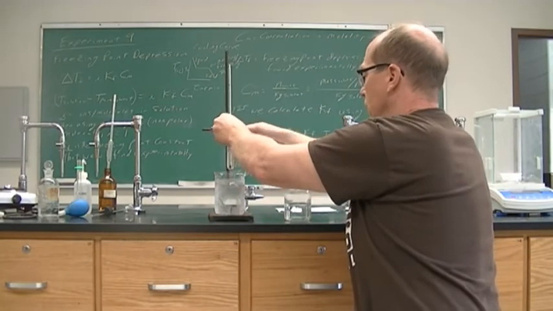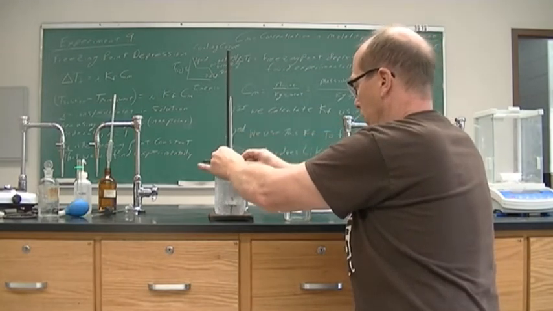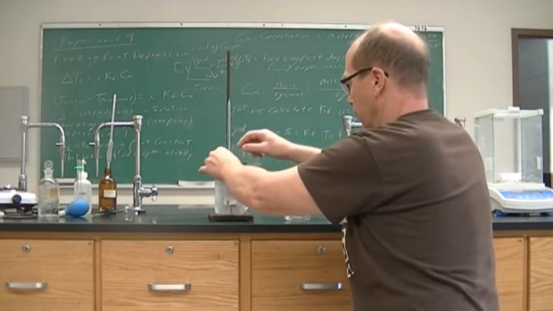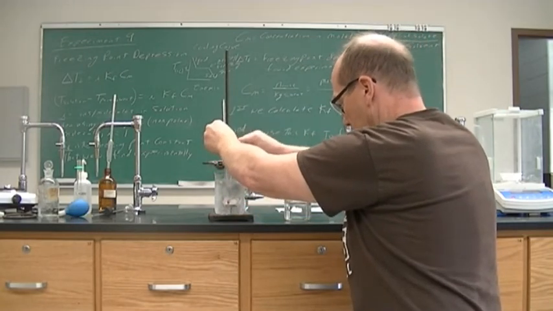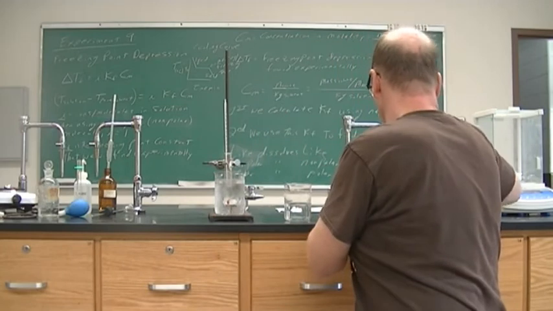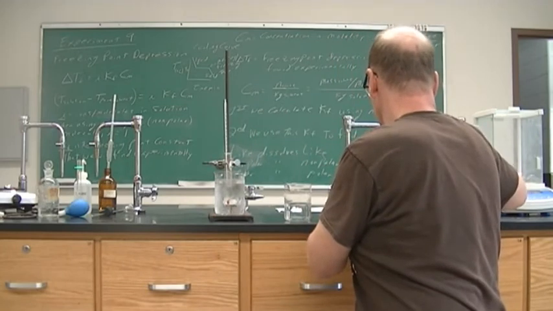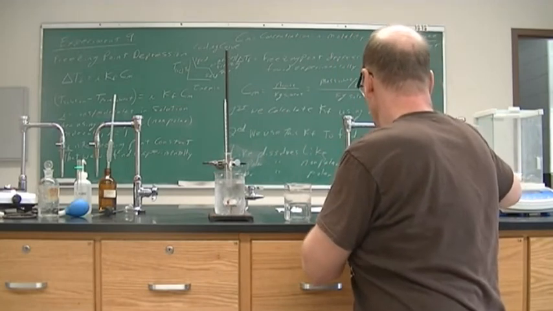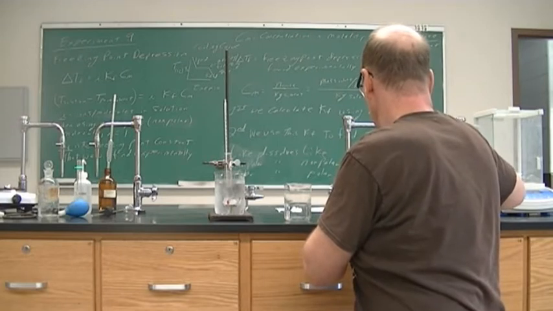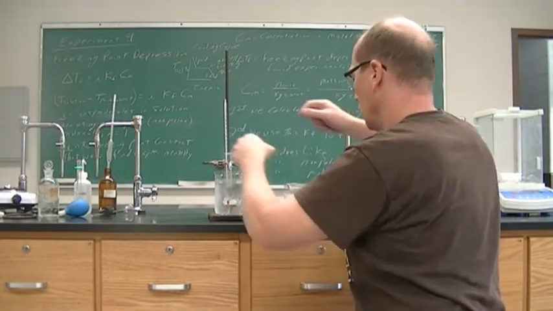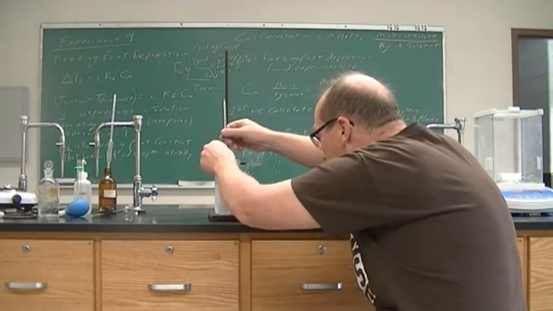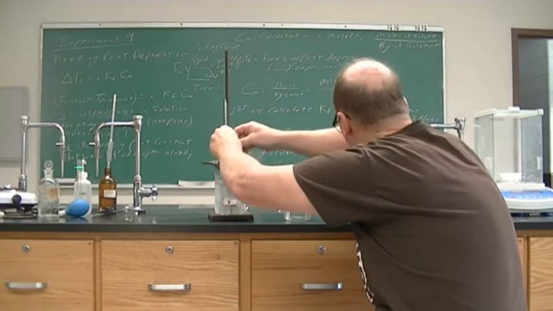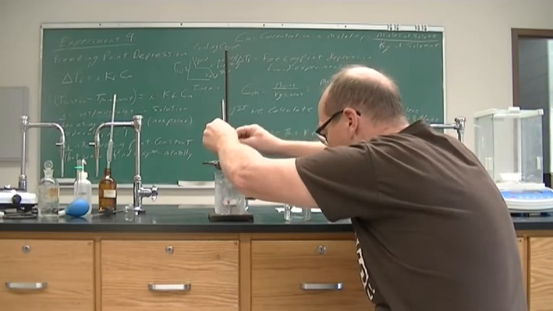All right, so let's see what temperature we can get to freeze this. All right, so if we want to start monitoring the temperatures and times. All right, so if we start now, we started at, it was 11 degrees Celsius.